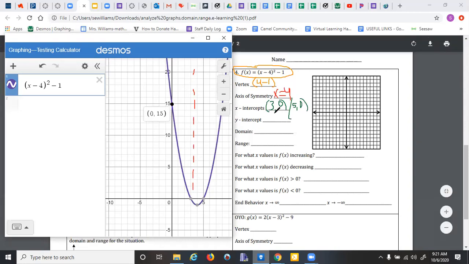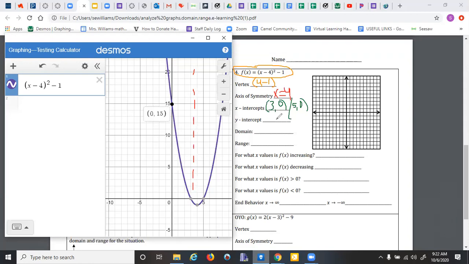Somebody who has not answered today, what is the domain? All real numbers. Good, Jacob K. What letter do I put down for range?